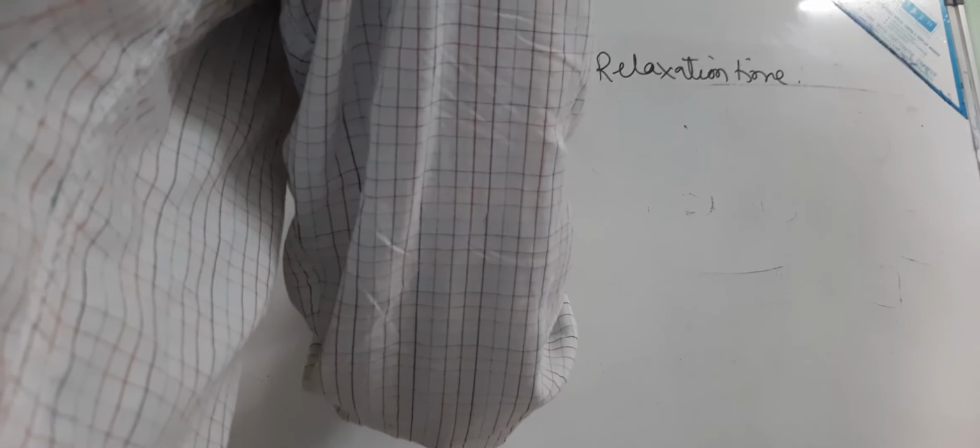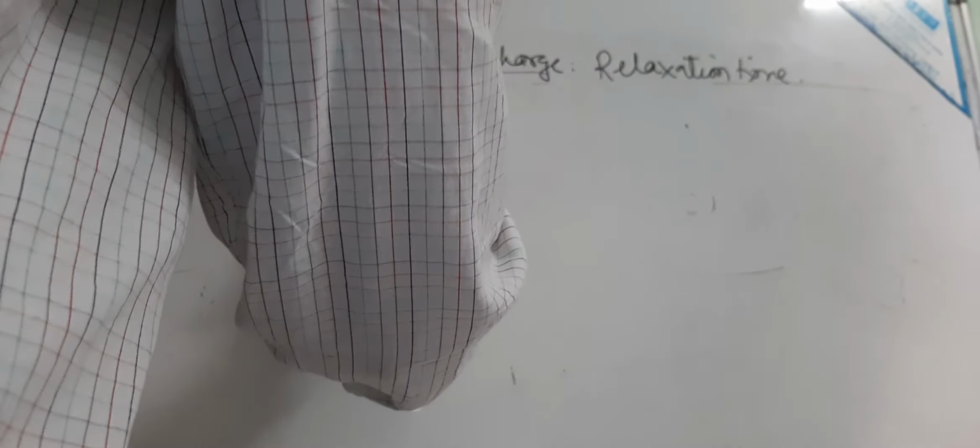So this is rho naught e to the power minus t by tau. This expression says that tau is the relaxation time, which is the ratio of epsilon by sigma.